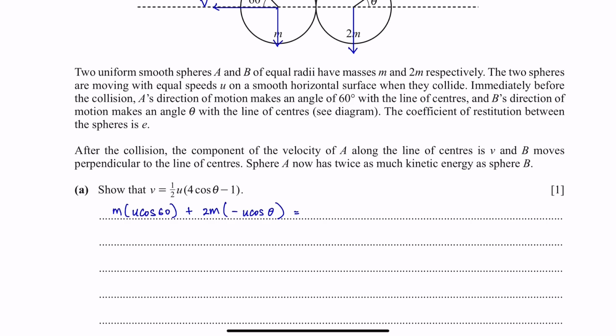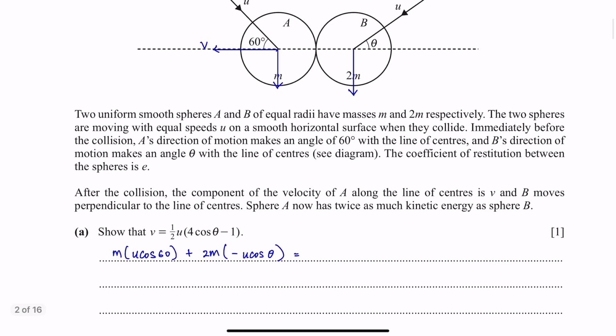So the final momentum of A is m times negative v because it's going to the left, and for B it travels perpendicularly to the line of centers, so there is no horizontal momentum.